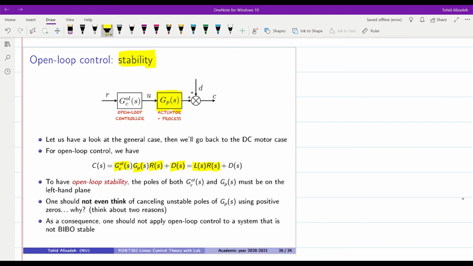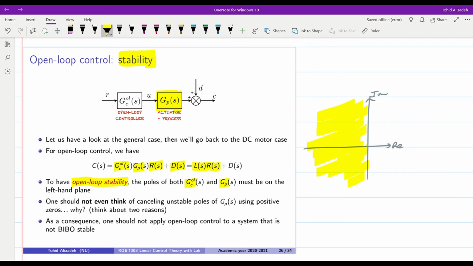If we want to have open loop stability, the poles of both GCOL and GP should be on the left-hand side of the S plane. If this is the S plane, all the poles should be on the left half plane.